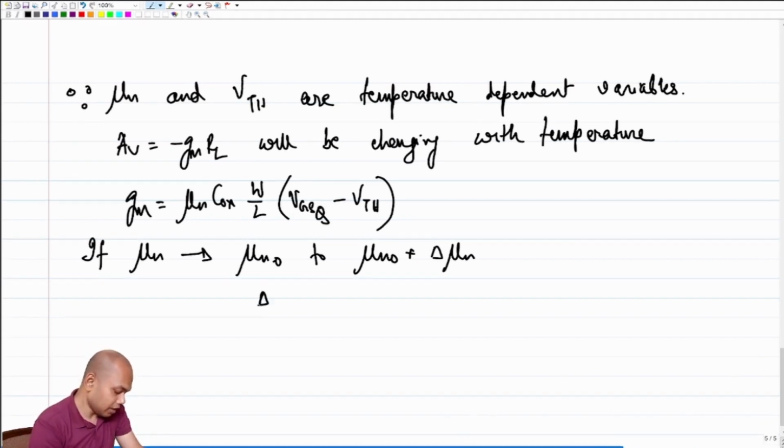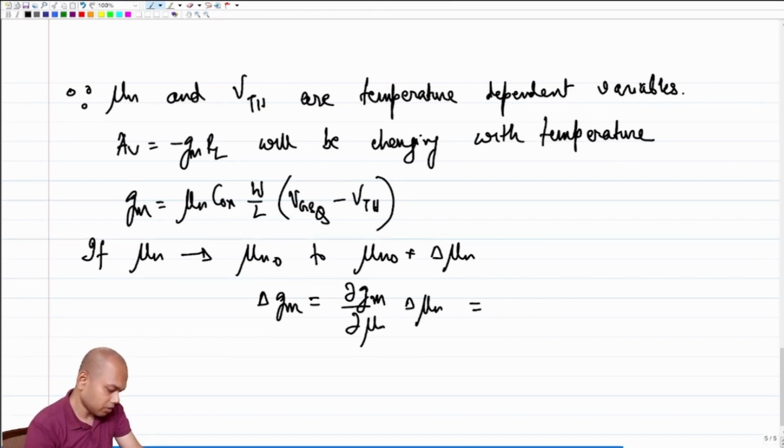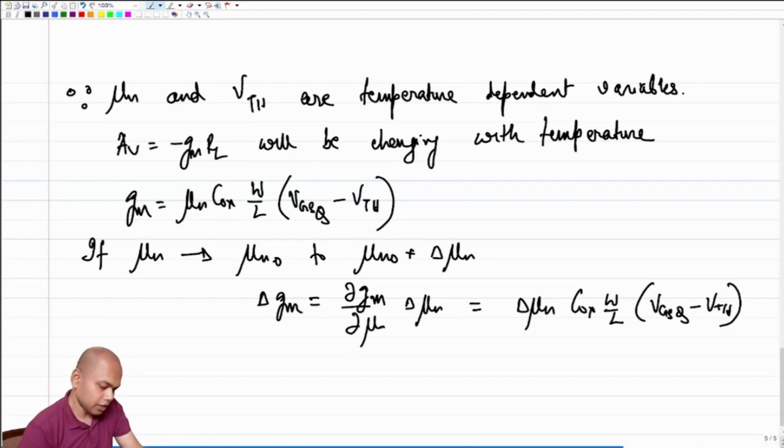The delta Gm will clearly be equal to del Gm del mu n times delta mu n. So this is equal to delta mu n Cox W by L times VGSQ minus threshold voltage.